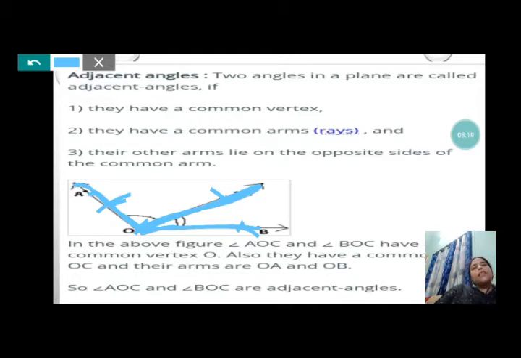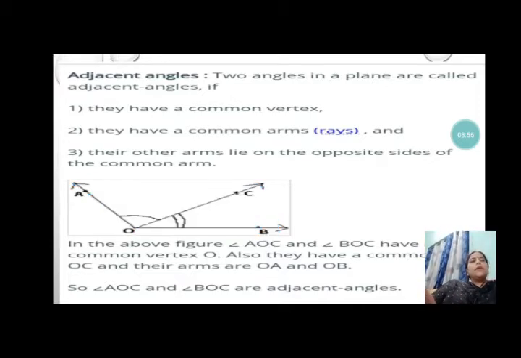As we can see, OB is on the opposite side of OC and OA is on the opposite side of OC. So the common arm is OC and the opposite arms are OA and OB, which are on the opposite sides of the common arm.